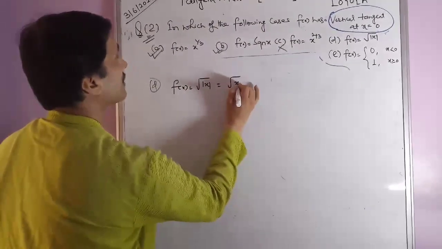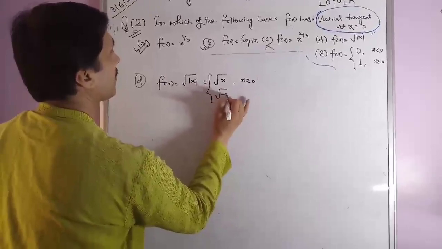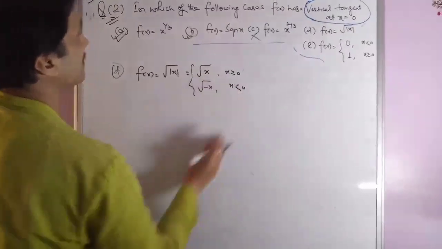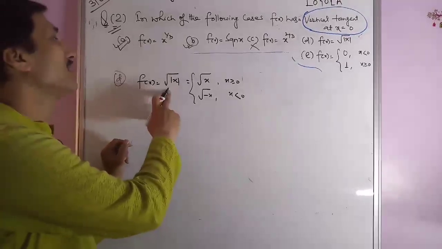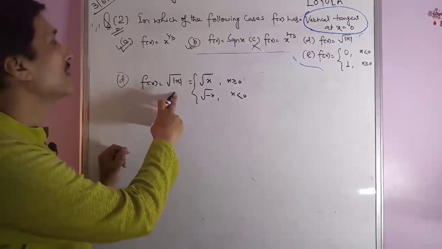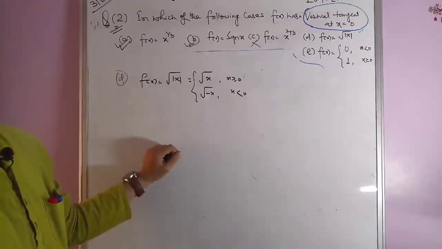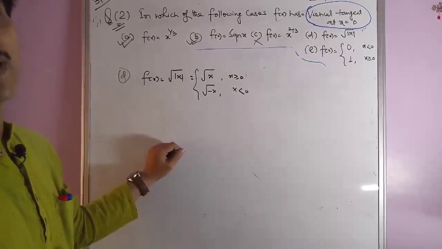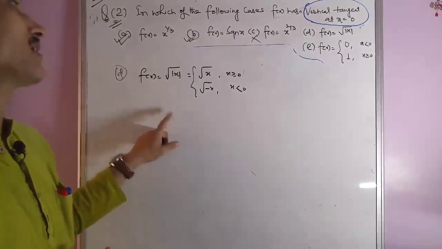Clearly this is root x when x is greater than or equal to 0, and root of minus x when x is less than 0. We will get this function in chapters on increasing and decreasing functions, monotonic functions, maxima and minima, definite integration, as well as area bounded by curves.